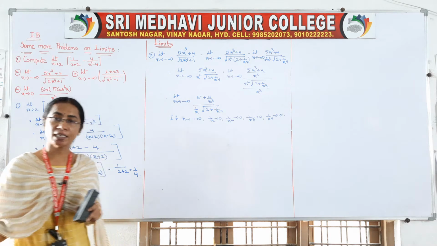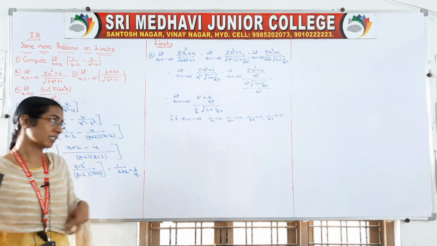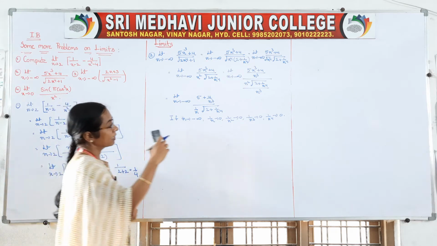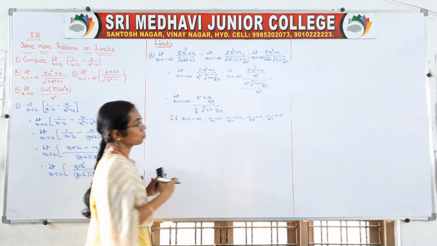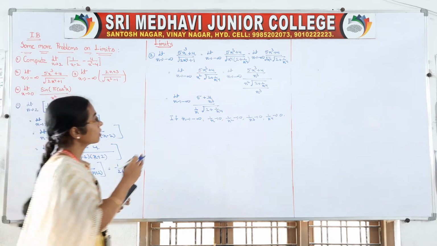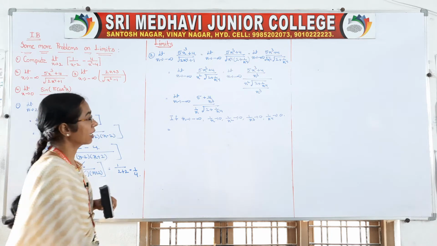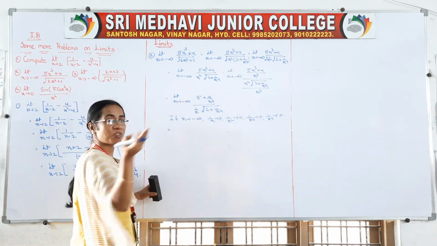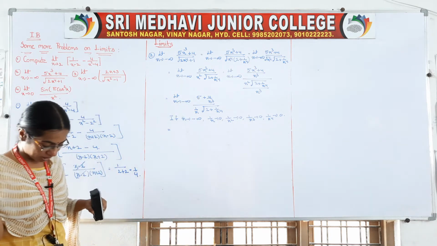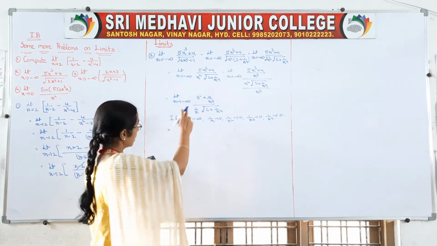If it is minus infinity or plus infinity, x tends to infinity, then 1 by x tends to 0, 1 by x square tends to 0, all those values tend to 0. So if you apply the limits separately, for a constant we don't apply the limit. If it is a variable, we will apply the limit, right?